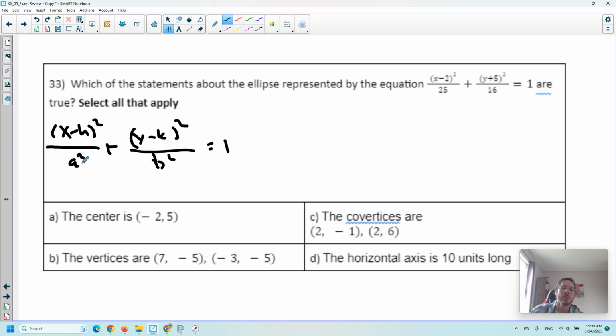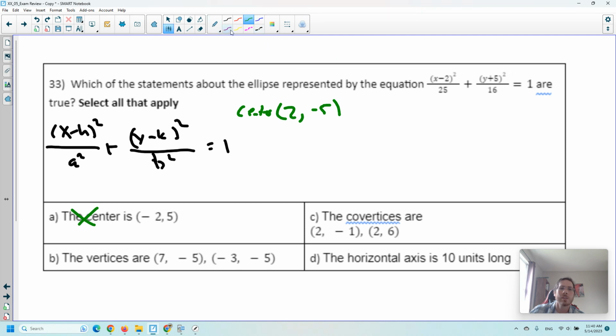Where a is going to be the semi-major, the x-axis radius, and b is going to be the y-axis radius. So first thing we see here is the center is negative 2, 5. We can tell that that's not true because our center here is going to be the opposite of these ones. So the center here should be 2, negative 5, because again, we want the opposite just like everything else we've done in class. So we're going to get rid of that choice because that's not where the center is.